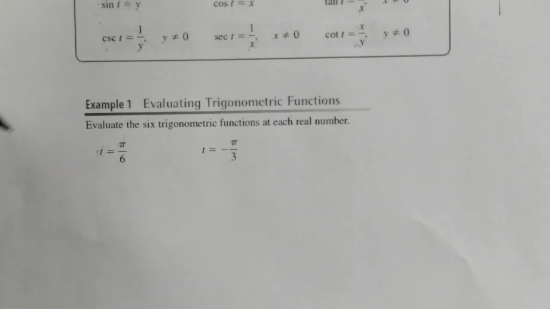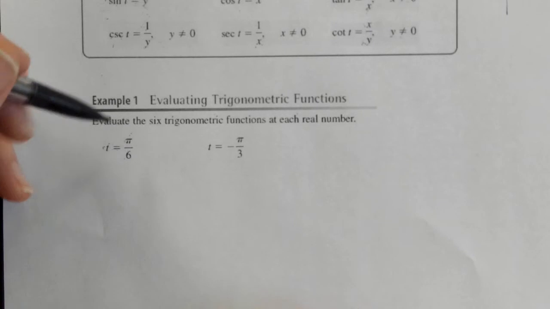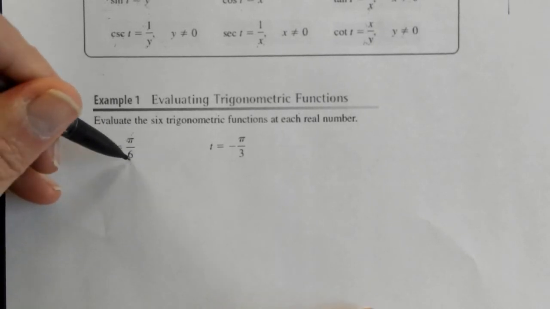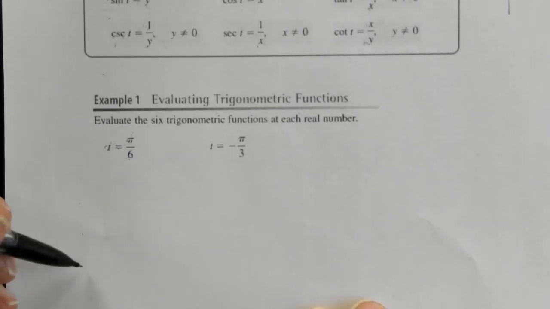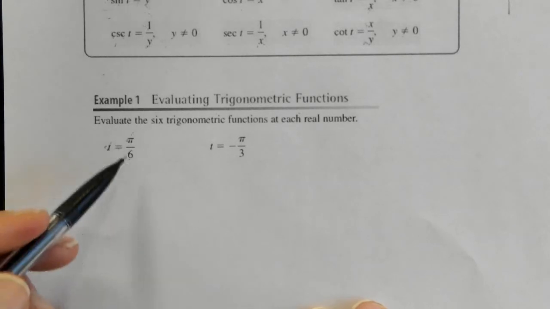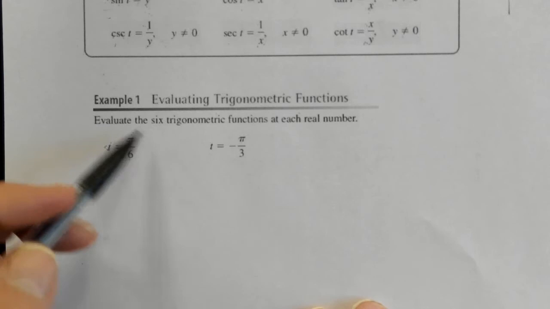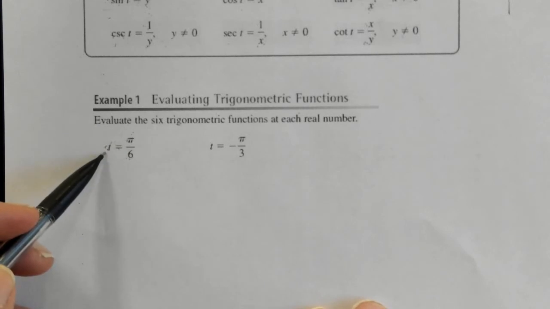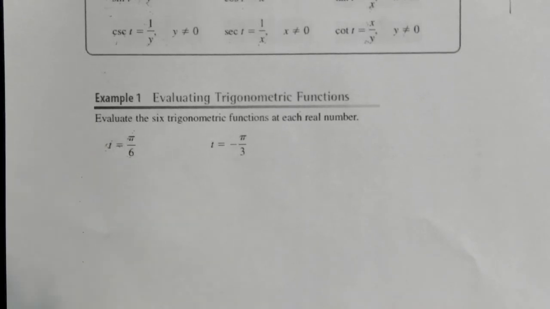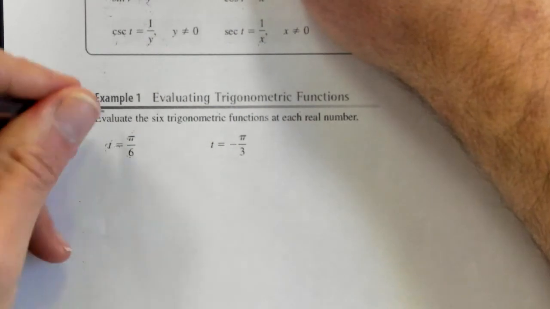Remember, they match based on the explanation that we had. So at t equals pi over 6, what is the value of all 6 of the trigonometric functions? In other words, what is the value of all 6 trig functions at this angle? Remember, this arc length number is going to match the angle in radians. So we have to find all 6 of them.